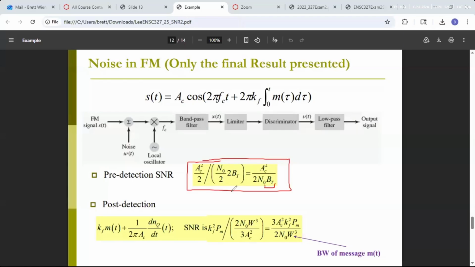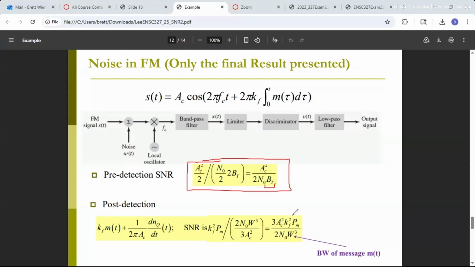But the bandwidth in the radio frequency domain and the bandwidth in the message signal domain are not necessarily one to one, right? So make sure you keep track of which bandwidth you're dealing with when you're doing these SNR problems. For FM, we just have all these equations, right?